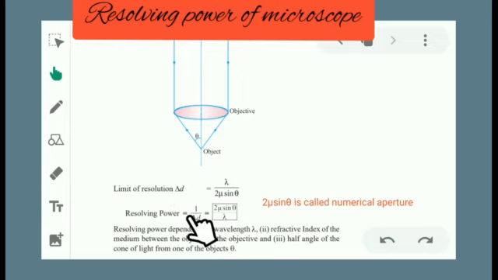To increase the resolving power, we can increase the refractive index, but only up to a limit. The refractive index of the medium should be less than the refractive index of the lens. If the refractive index of the medium is greater than that of the lens, what happens? The light will pass from denser to rarer medium, so no refraction will take place.